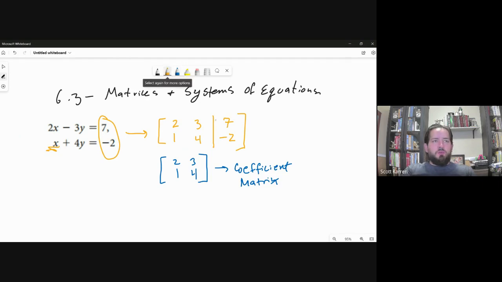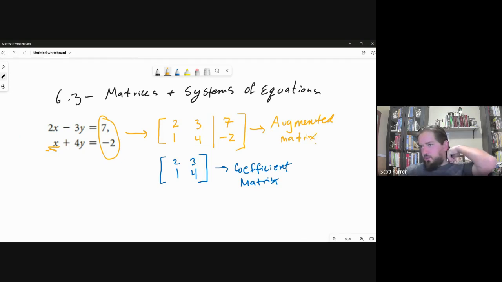But if I do write with that 7 and -2, the matrix that I wrote initially is called the augmented matrix, meaning that it's simply been augmented with the right-hand side of the equal sign with those constants. There are times where you'll want to use just the coefficient matrix, and then there are times when you want to play with the augmented matrix. For most of what we're going to do today, we're going to play with the augmented matrix.